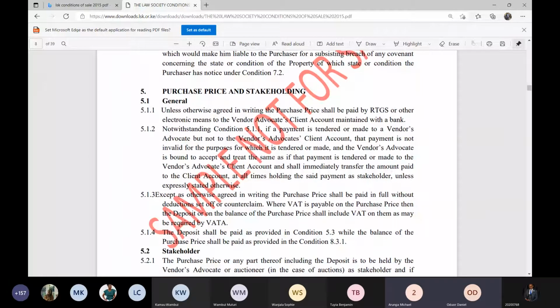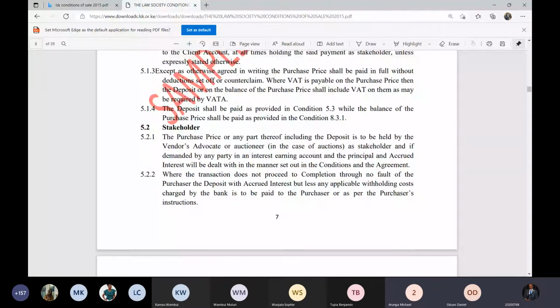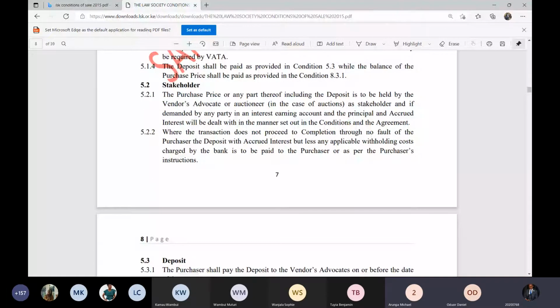And subsequently, 5.21 states that this amount will be held by the vendor's advocate as a stakeholder. So in the event that anything happens, issues of professional ethics are in question here. So they're asking, how can we secure this?